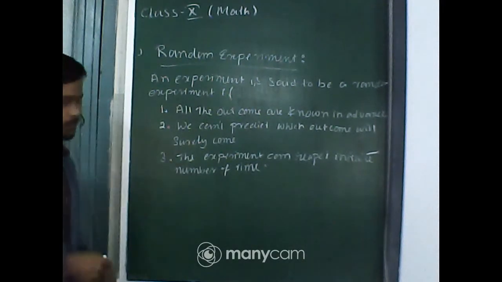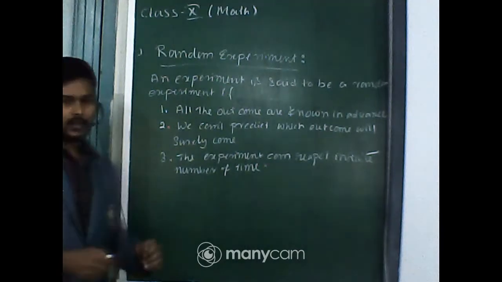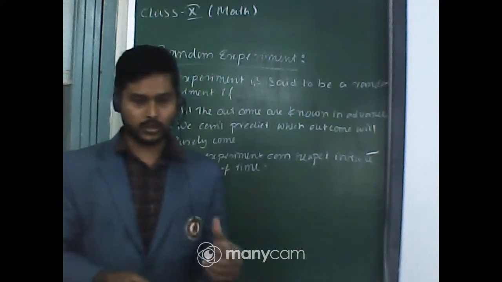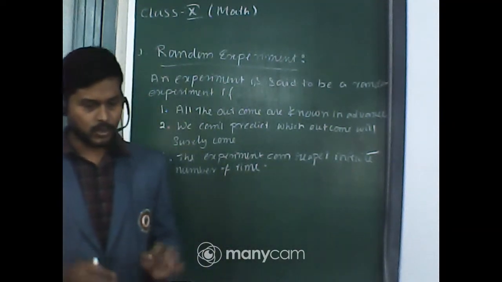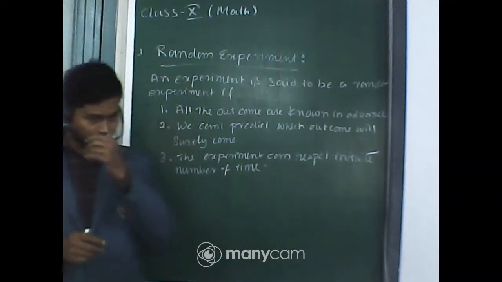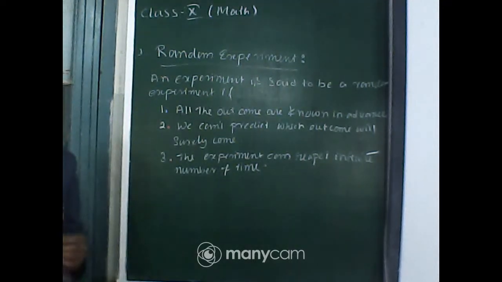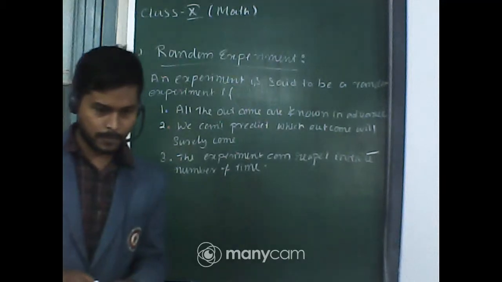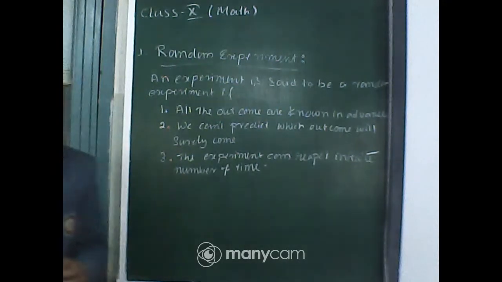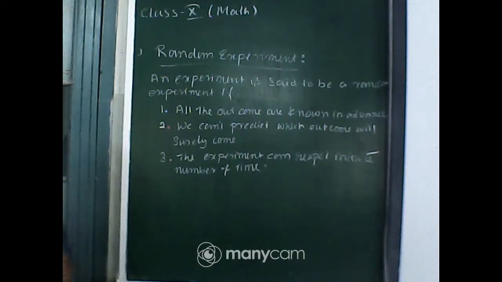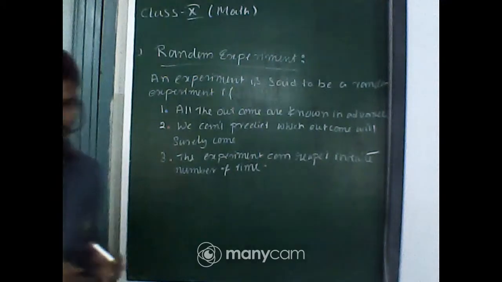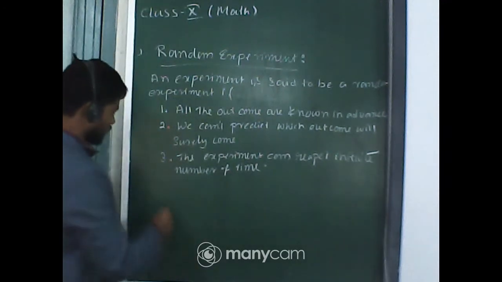I'm giving you an example. If you have a coin and you toss the coin, this is an experiment. What will be the possible outcome in case of tossing a coin? Yes, two possible outcomes may occur.